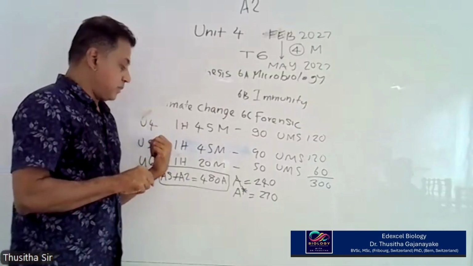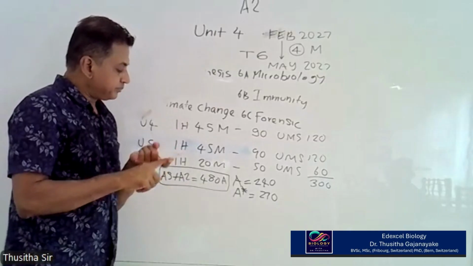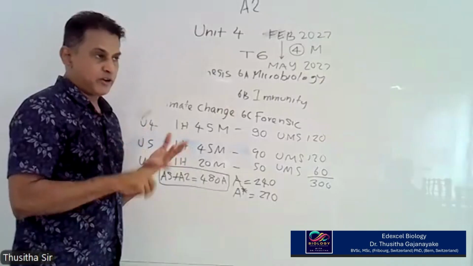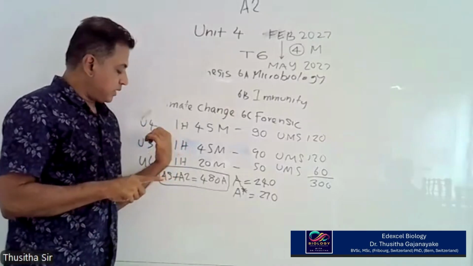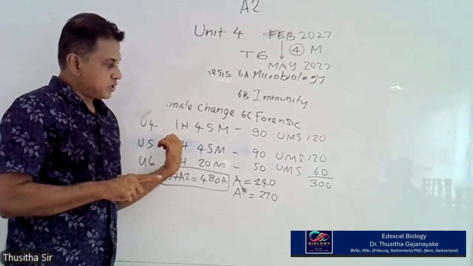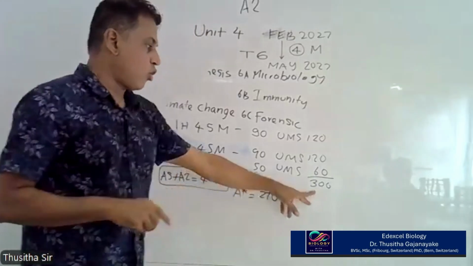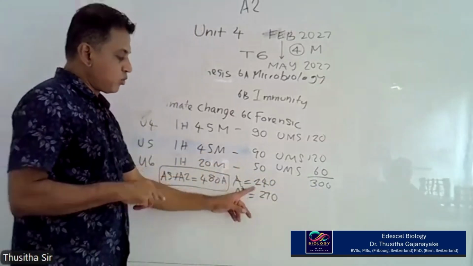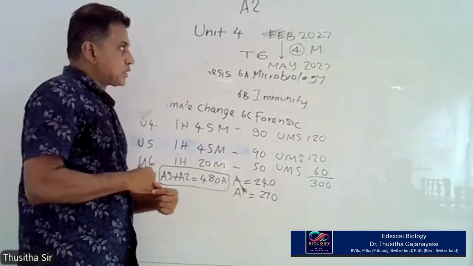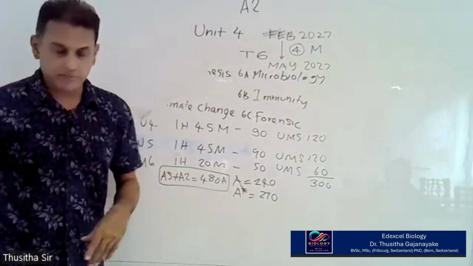Unit 5 is basically about the human body: muscles, coordination, nervous system, biotechnology, and the Unit 5 and 6 papers are quite easy. The total marks you can get is again 300, 240 is A, 270 is A star. So we are going to do the first lesson, photosynthesis.